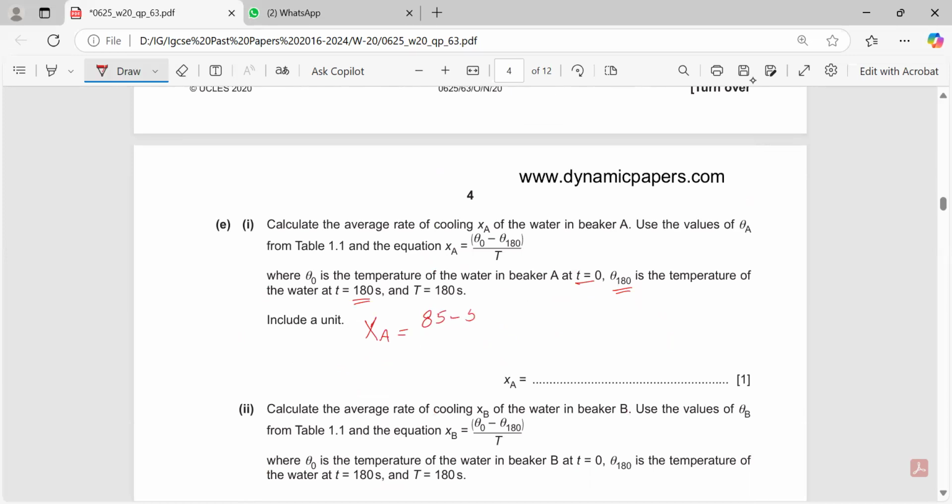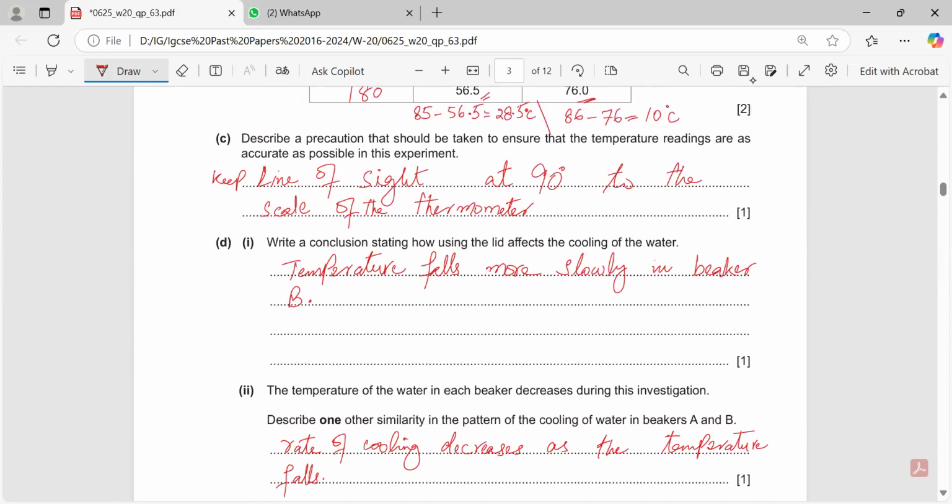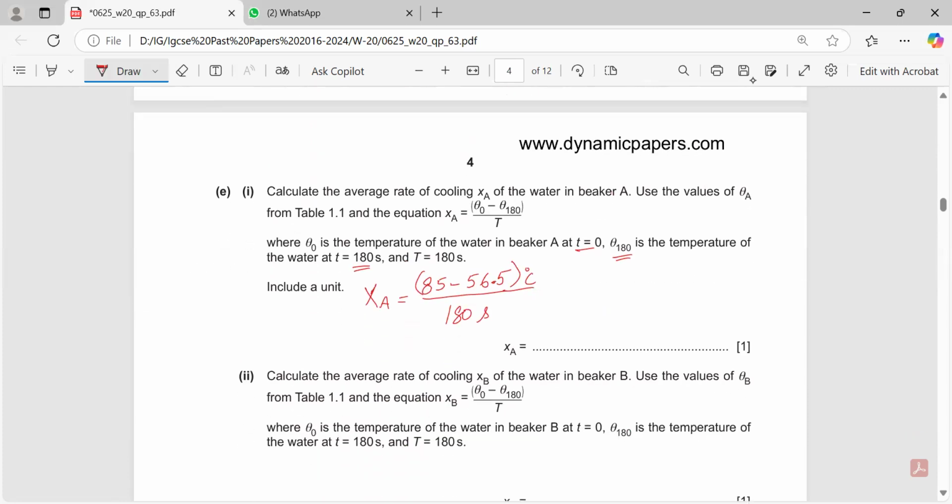So 85 minus 56.5 over 180 seconds, because we must include the unit, so better write the unit with the numerical values. 85 minus 56.5 equals 28.5, divided by 180.